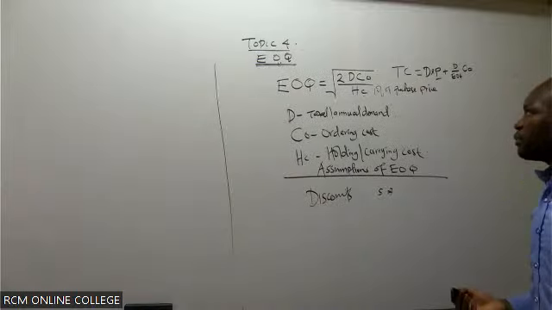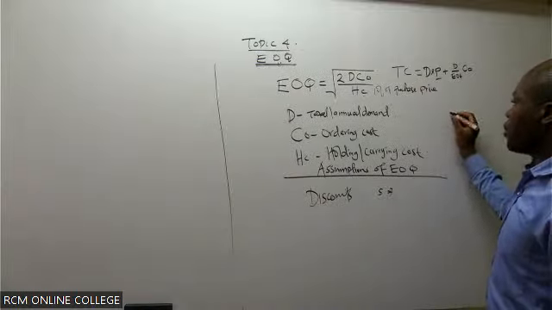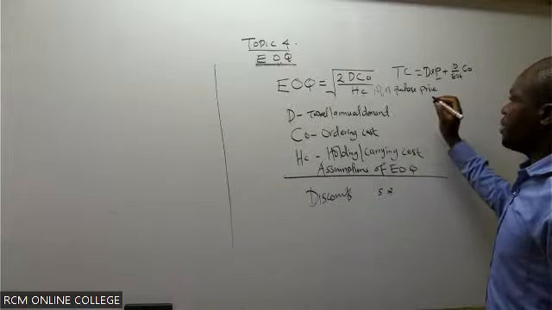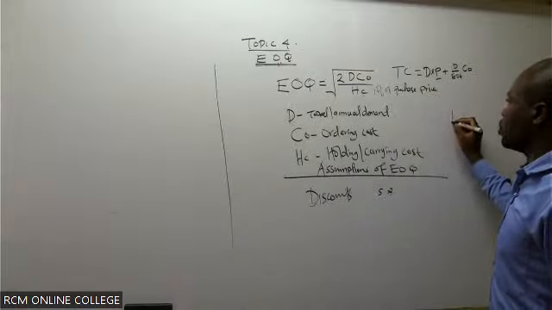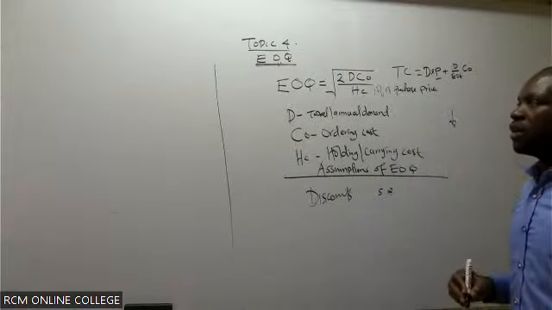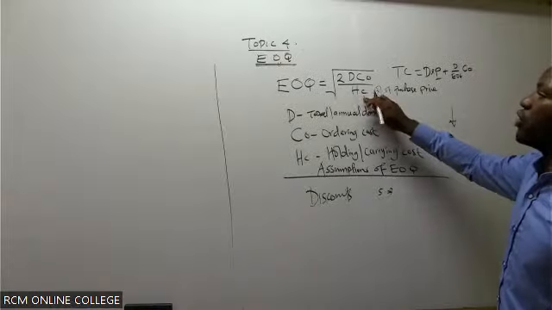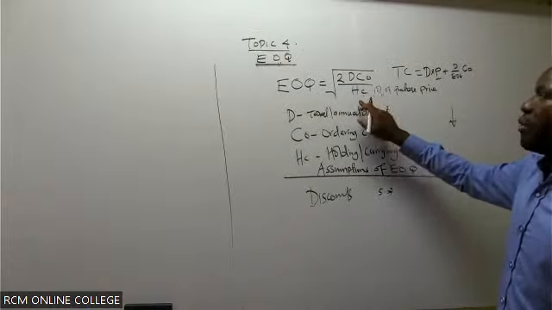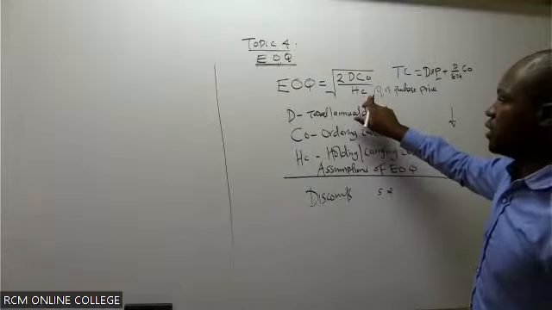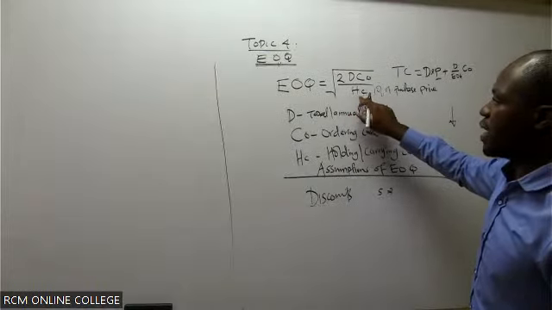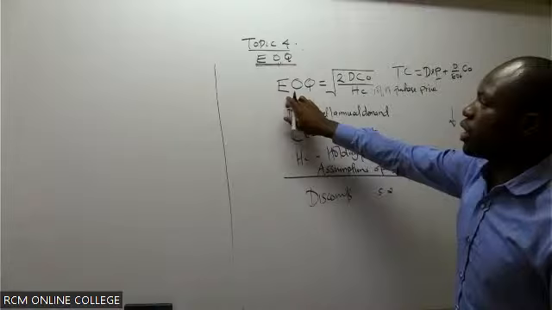And of course, from that point, at any given time or within any range that the purchase price will be reducing due to discount given or allowed, then automatically your holding cost will be affected. The moment you affect holding cost, the denominator here, then automatically your economic order quantity will also be affected.